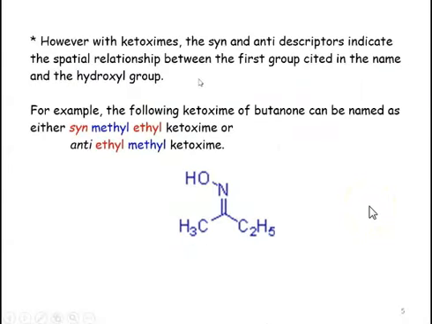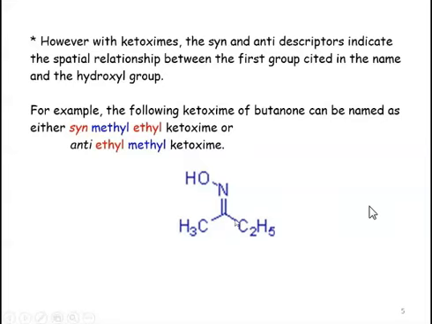When we talk about ketoxime, whichever of these two functional groups is cited first, if that group lies on the same side as the OH group, then we will call it a syn molecule or syn type of configuration. If the functional group which is cited first lies opposite to the OH group, in that case we will call it anti-configuration.